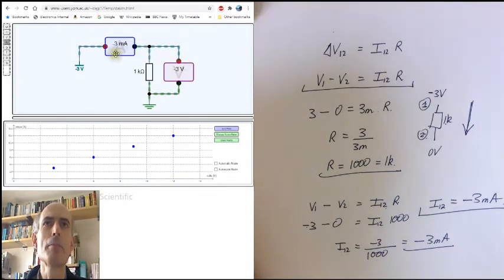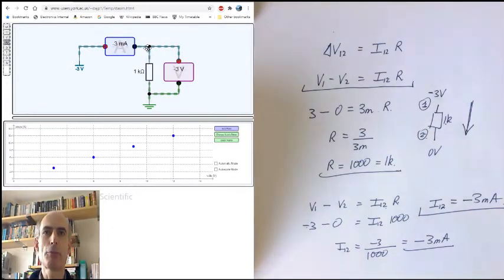The ammeter, you'll see, is measuring minus 3 milliamps. And that's because ammeters always measure the current flowing into the red terminal and out of the black terminal. This ammeter is measuring minus 3 milliamps flowing this way, from left to right. Minus 3 milliamps flowing in that direction is the same thing as 3 milliamps flowing in that direction.